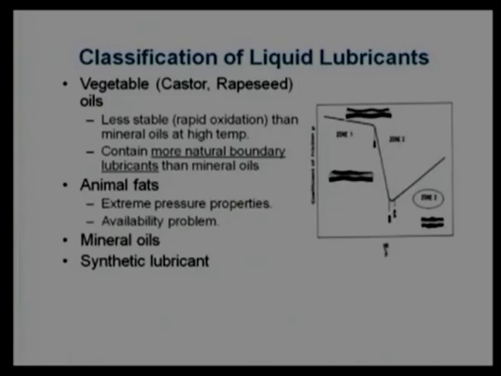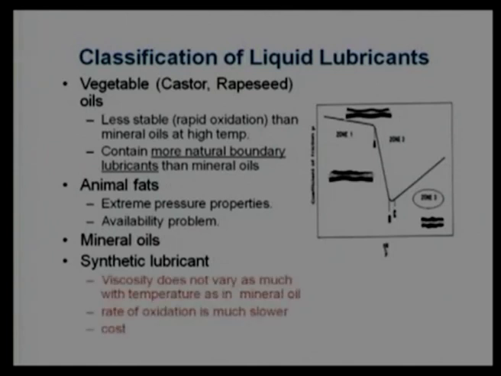Mineral oil, which is the most popular and most economic category of this liquid lubricant. And finally comes the synthetic lubricant. We assume that synthetic lubricants are last source of lubricant. If we do not have any other option, we will select synthetic lubricants. Every class has its own merits and demerits.